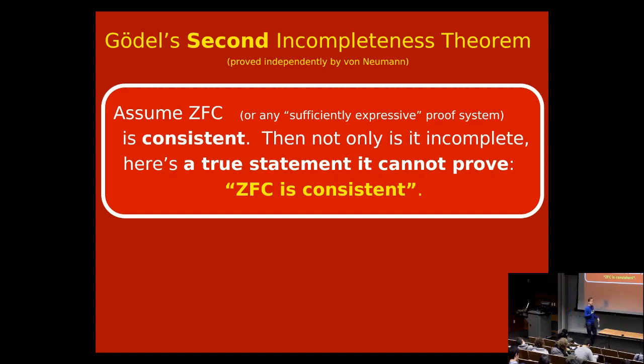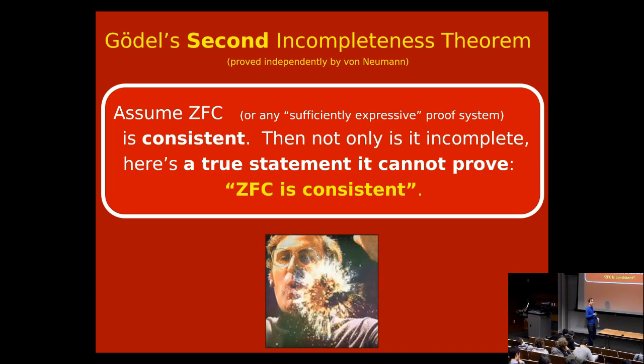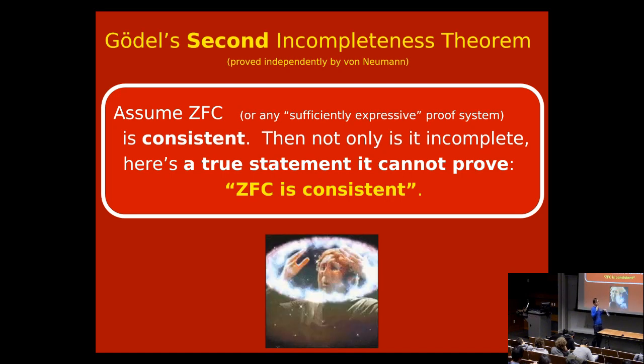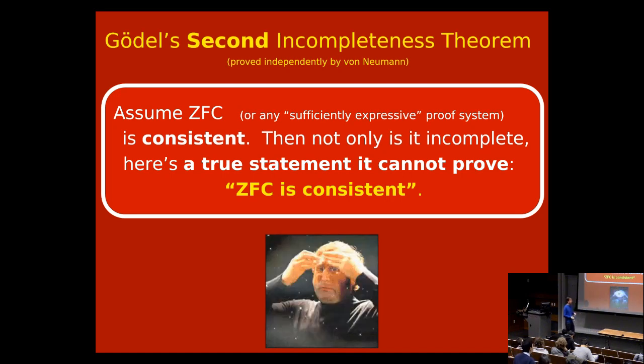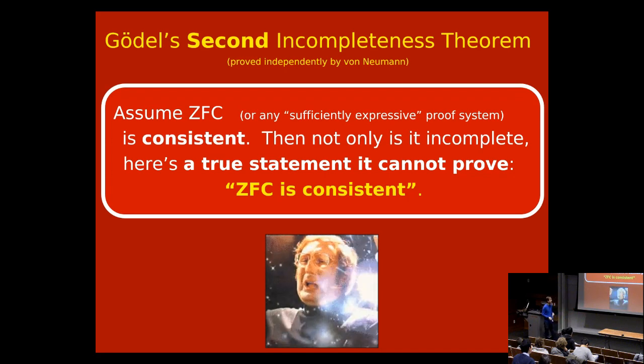Similarly, Godel's theorem tells you, if you just write down ZFC, not only is there some statement that you cannot prove or disprove, here's a particularly interesting statement that you cannot prove or disprove. ZFC is consistent. So no matter what formal system you write down, it cannot prove its own consistency. And this is supposed to be the mind-blowing aspect of Godel's second incompleteness theorem.